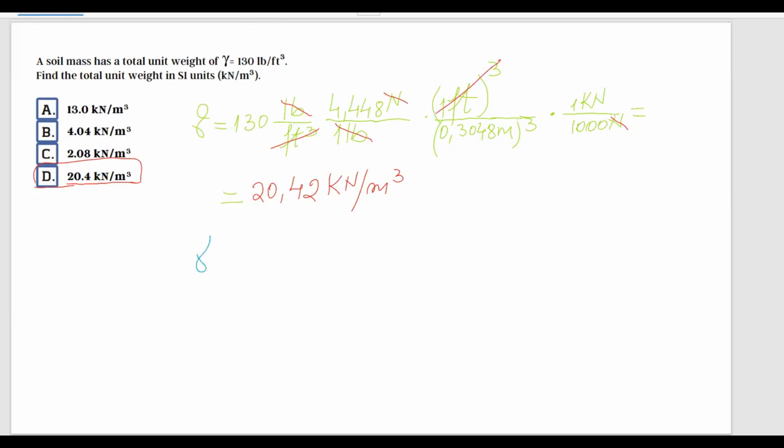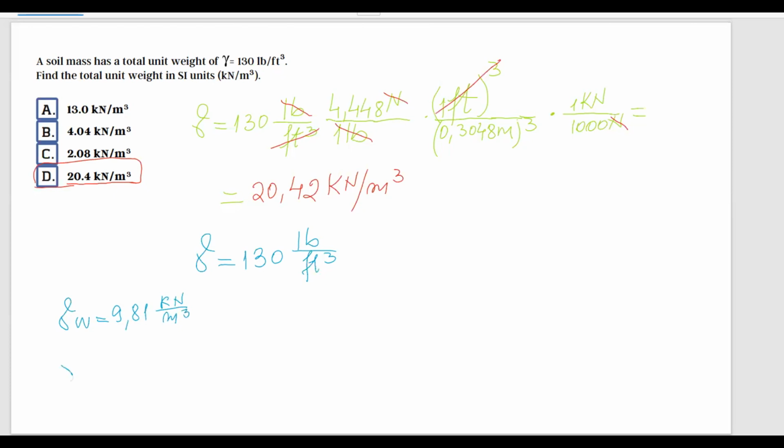So if I was to take this unit weight of 130, we have pounds over cubic feet. Now think about the unit weight of water. We have unit weight of water in metric units is 9.81 kilonewtons over meters cubed.